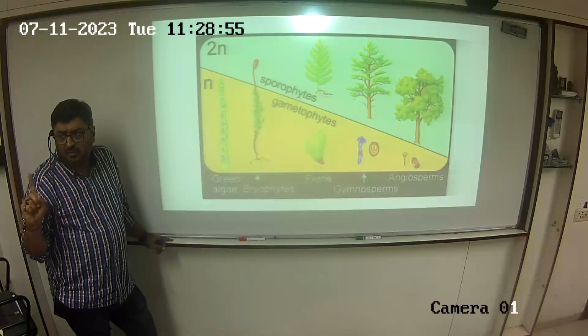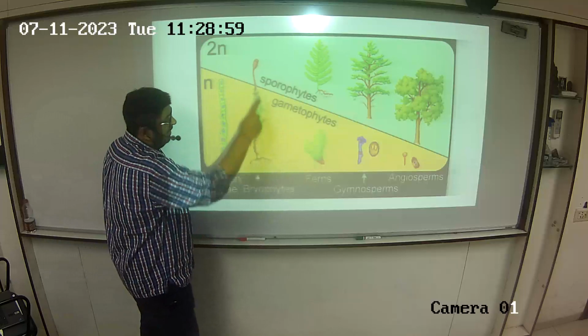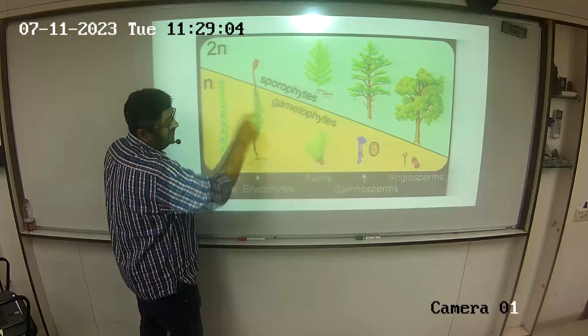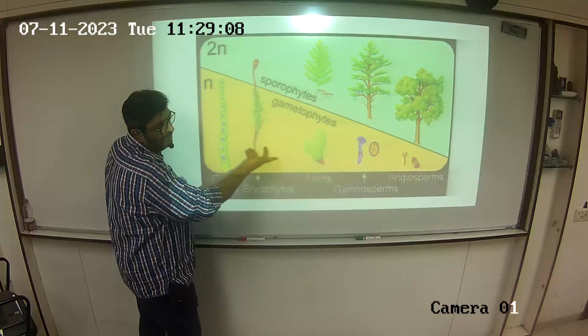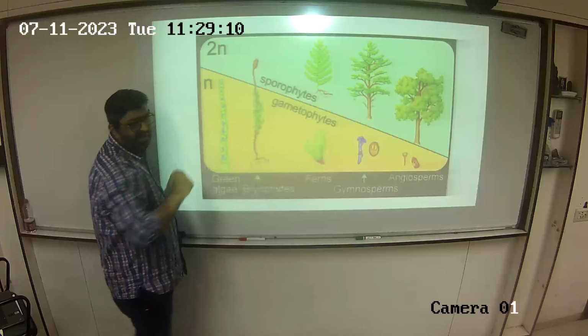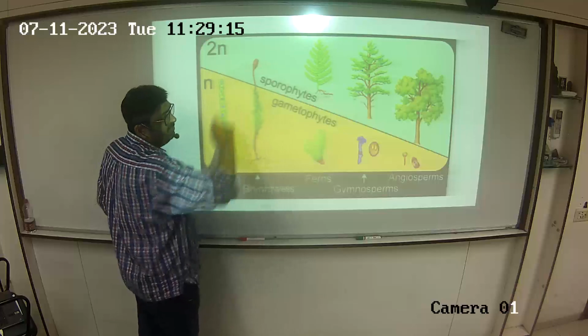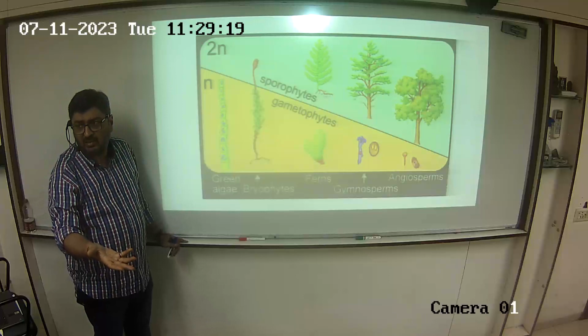At the start of the previous lecture, I had spoken about this. If I am given a question that if the leafy part of Funaria, which is moss, has 10 chromosomes, how many chromosomes would be present in the capsule? 20, because capsule is a sporophytic structure.